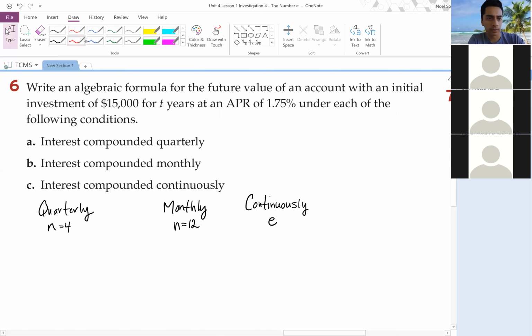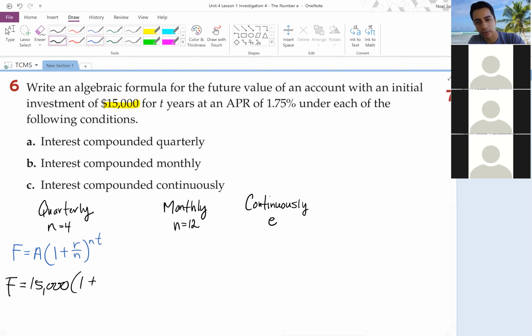So if we were to write this out, because it's quarterly, I have to use the final value formula, the old one: 1 plus r over n to the n times t. So this formula will say F is equal to, well, my initial investment was 15,000, times 1 plus my rate, which is 1.75. When you convert this back, move the decimal 2 spaces, that'll be 0.0175.